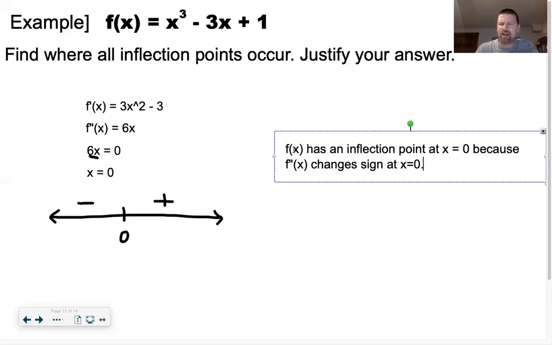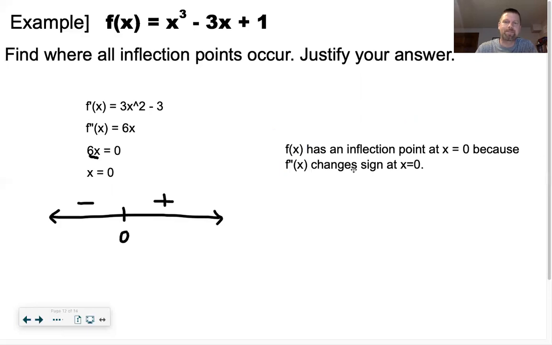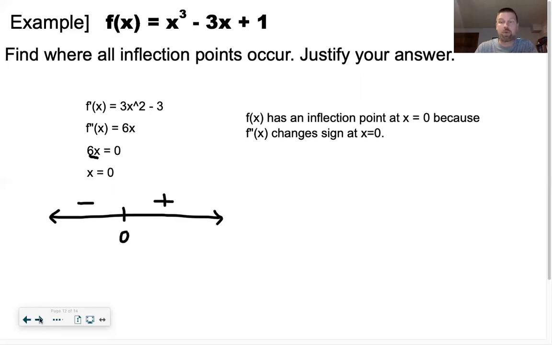Just make sure you say f of x has that inflection point. I know f has the inflection point because f double prime changed sign. It's not that f double prime has an inflection point. That's not true. f has the inflection point because the second derivative of f tells me about the concavity of the original. All right, we are just about done.